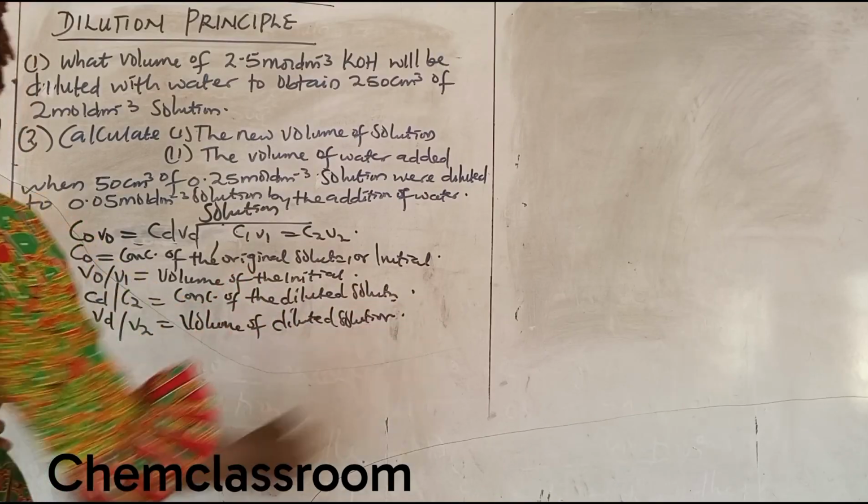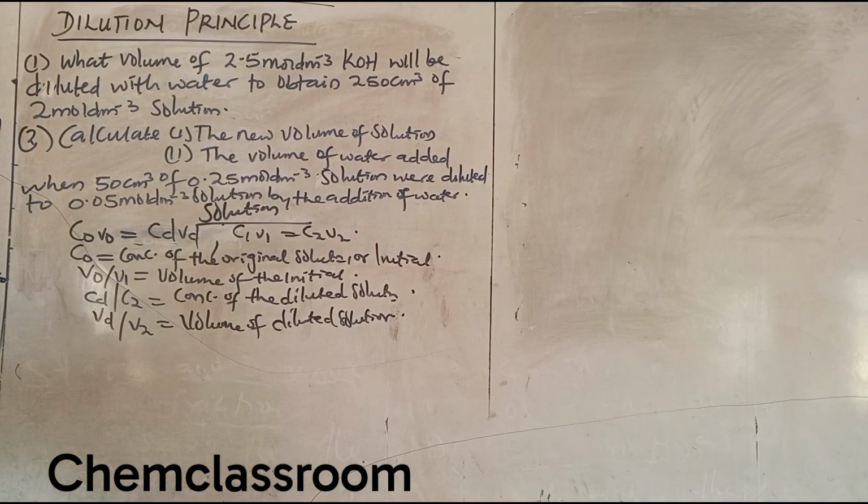So now let's go to our question on the board. It says, what volume of the 2.5 mole per dm³ KOH will be diluted with water to obtain 250 cm³ of 2 mole per dm³? So now we are going to highlight.